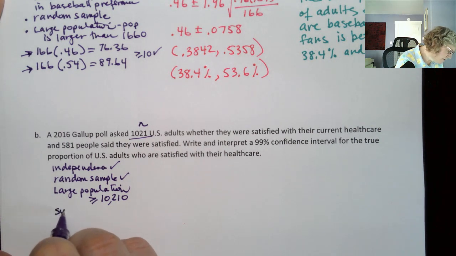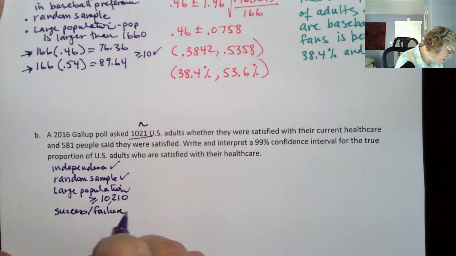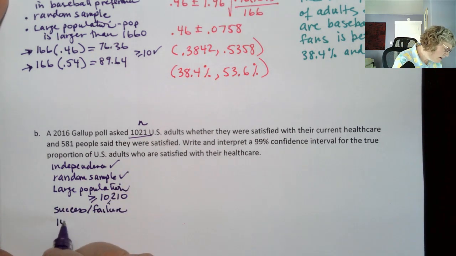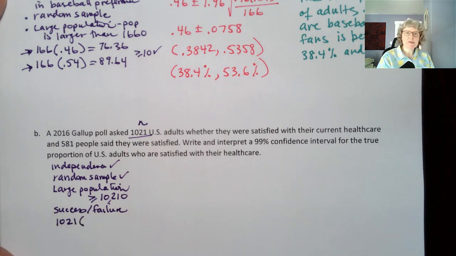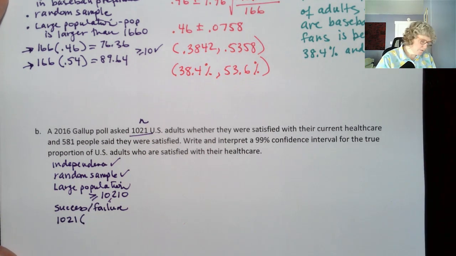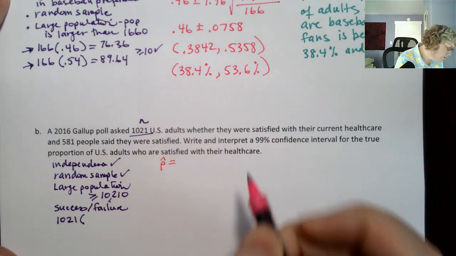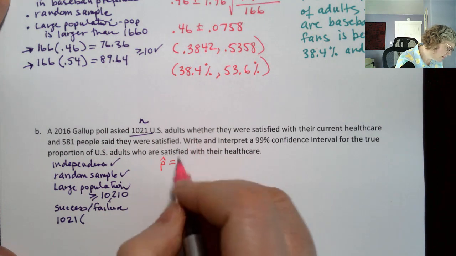Okay, so success failure. We have 1,021 times p hat. Okay, so I'm going to actually have to find my p hat first. I'll go over into the middle section here because we're going to need to do that.